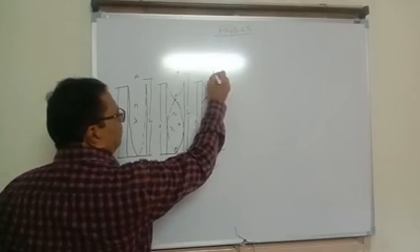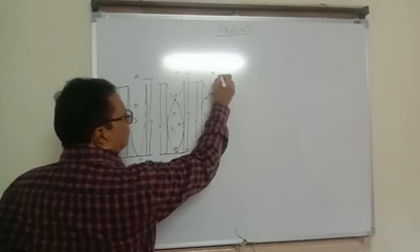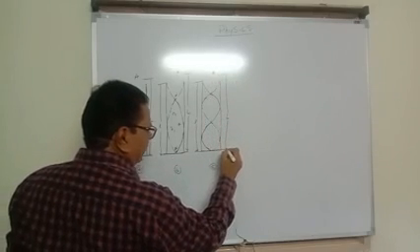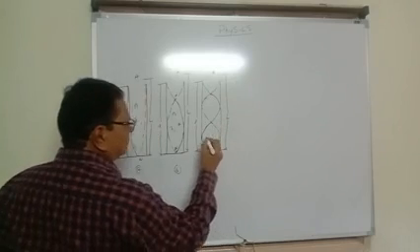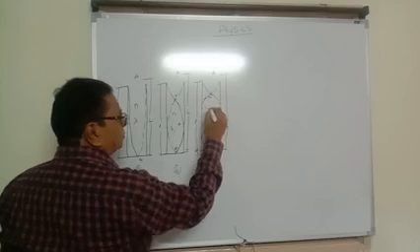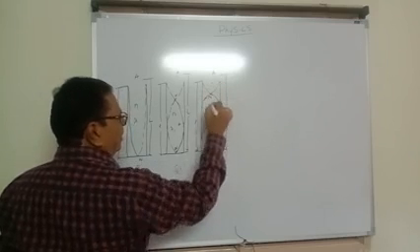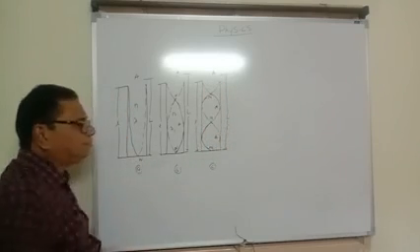Antinode is formed slightly above the end, and this distance is capital L. Node, node, node, antinode, antinode, antinode.